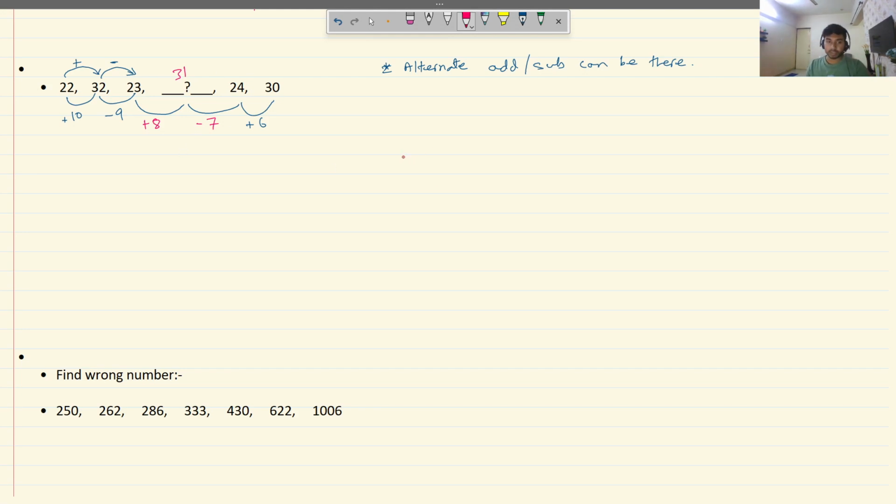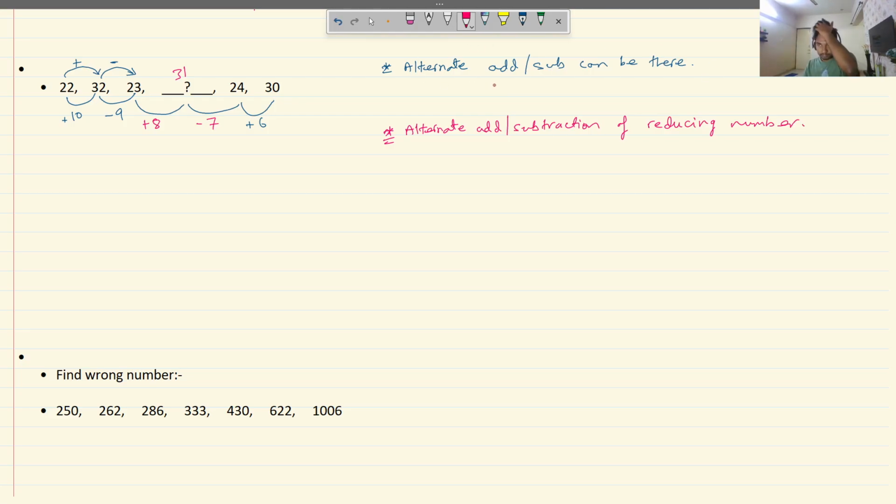So here my logic was alternate addition or subtraction of reducing number. So this was my observation from just seeing the numbers before I solved the question.